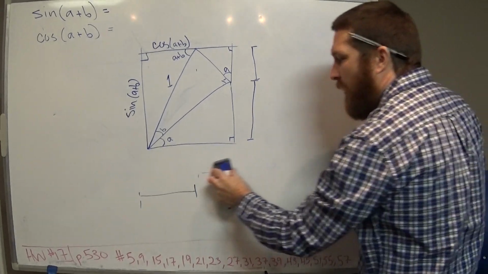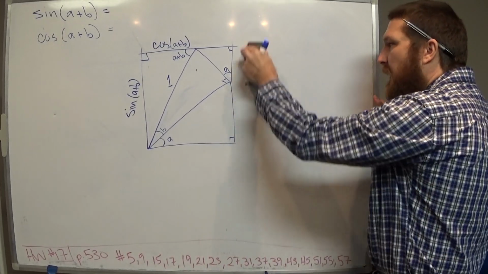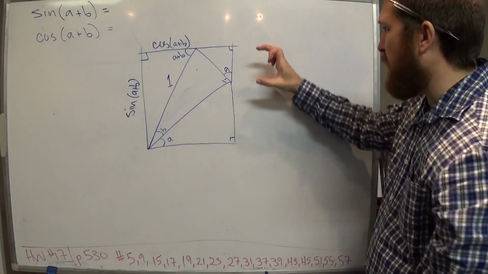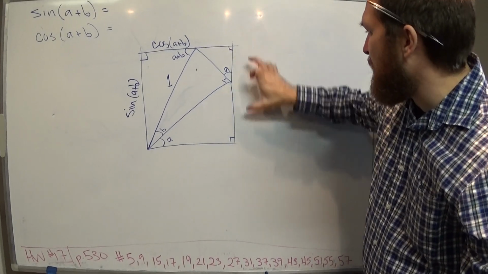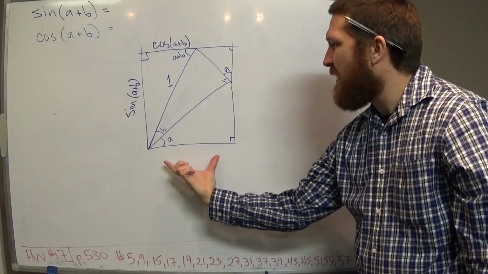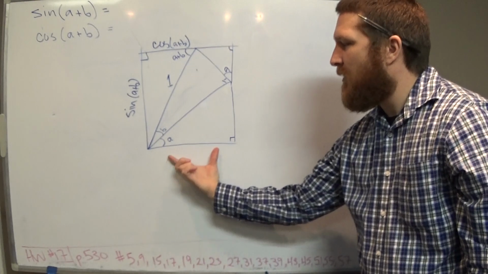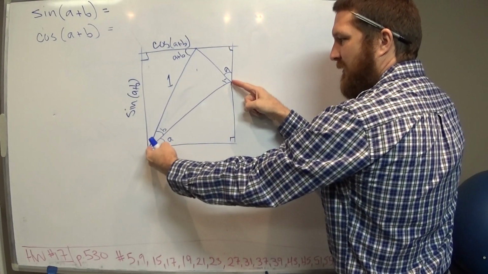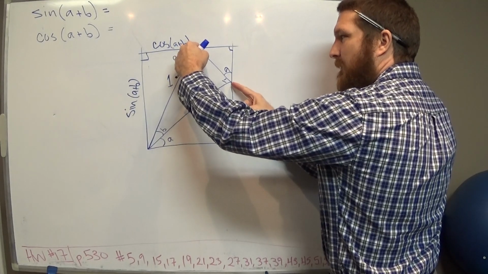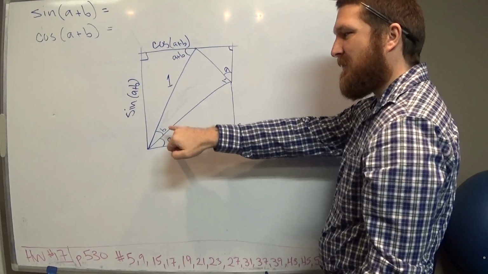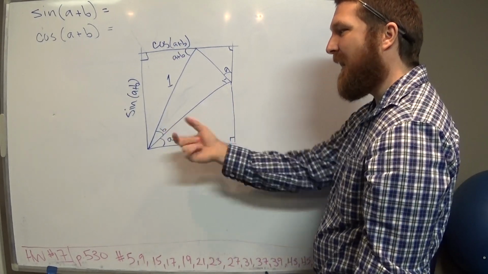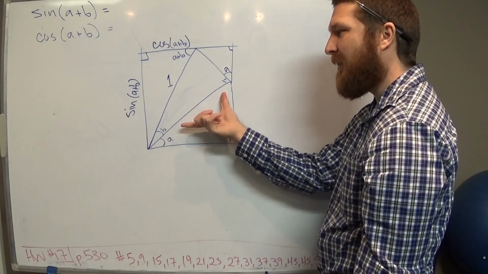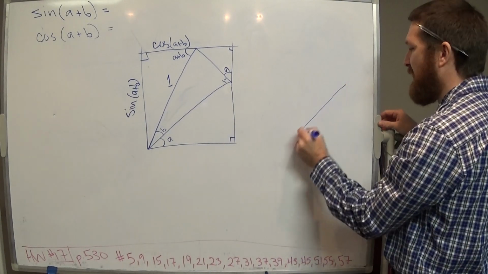Okay, so now all we have to do is find these 4 lengths. We need this length, this length, this length, and this length. In order to start though, what's really going to be helpful is if I could find this length and that length. Well, we can. In terms of B, what's that length? It's a right triangle. This is the first problem we did.